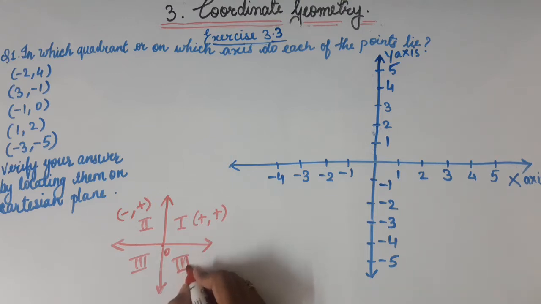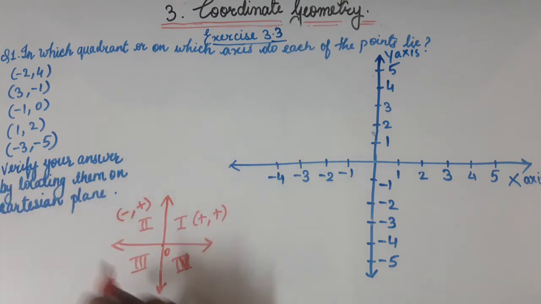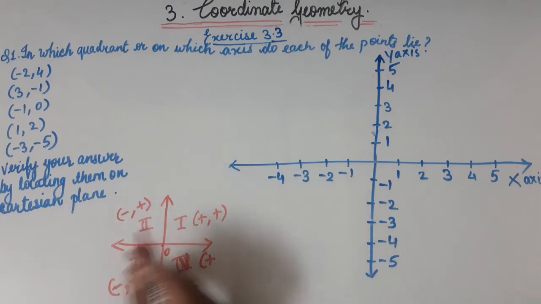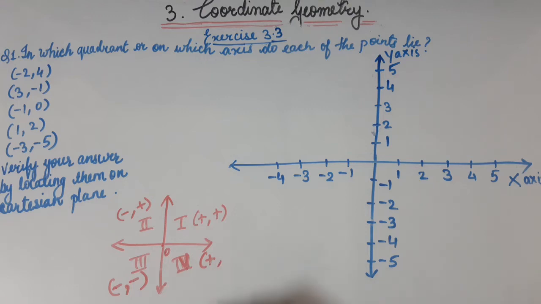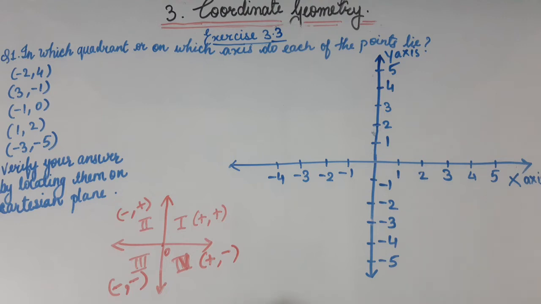Then the third quadrant is to the left of origin, that means x coordinate should be negative, and below the origin, that means y coordinate also negative. Now the fourth one is to the right side of origin, that means x is positive, and down below the origin, that means y is negative. So these are the sign conventions for the first, second, third and fourth quadrant.